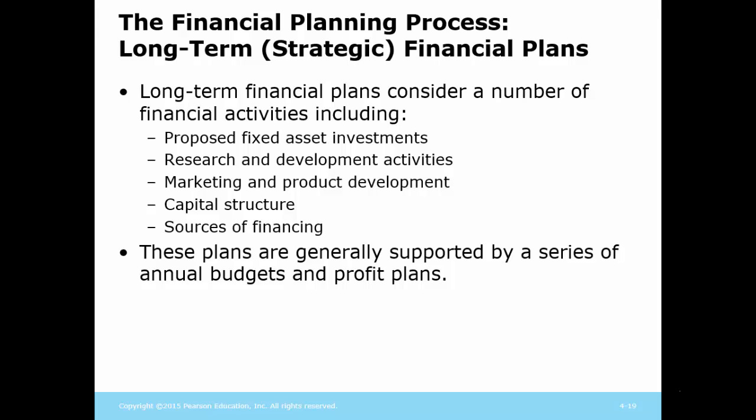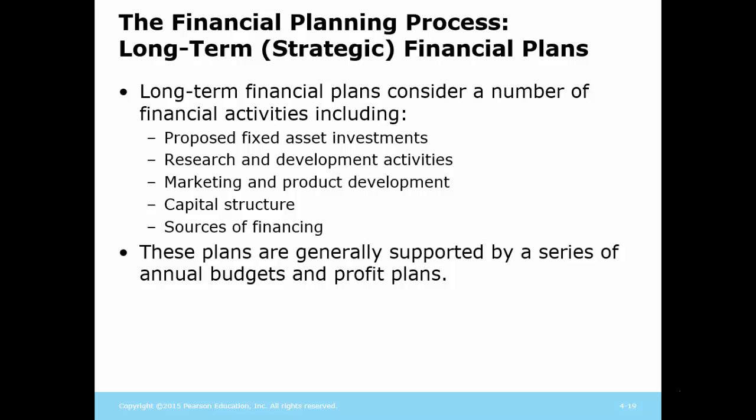So we want to look at these kinds of activities to incorporate them. What are the fixed asset needs? Research and development. What's the capital structure of the company? And what are the actual sources of financing that are available?